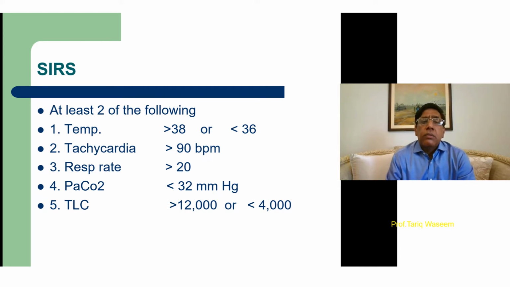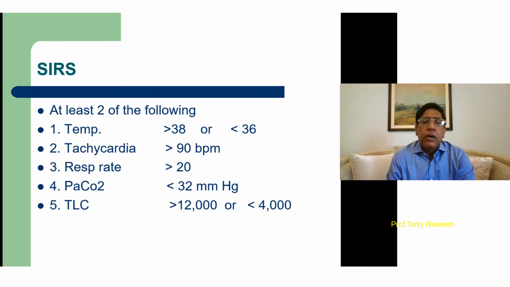So in the setting of insult, inflammation or infection, if someone develops hyperthermia or hypothermia, becomes tachycardic, becomes tachypneic, starts retaining CO2, and has either a very high leukocyte count or a very low leukocyte count.